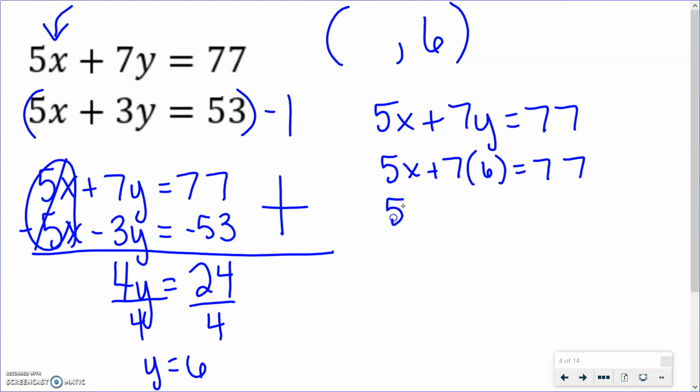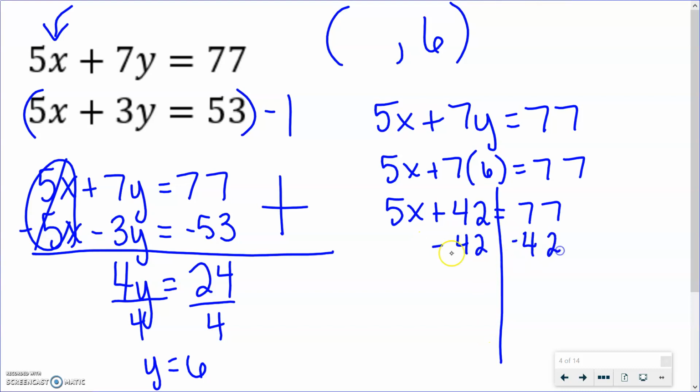And then I get 5x plus 42 is 77. Now I can subtract 42 from both sides. These cancel, so I have 5x equals 77 minus 42 is 35.